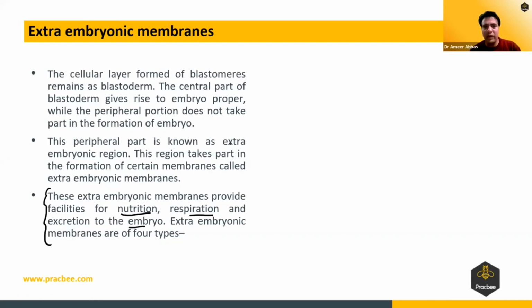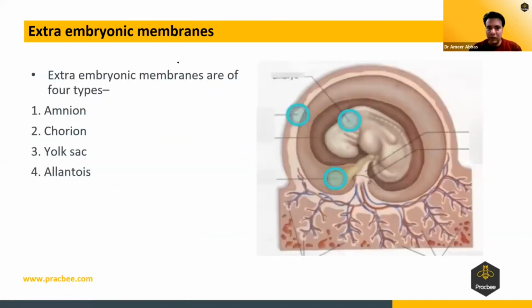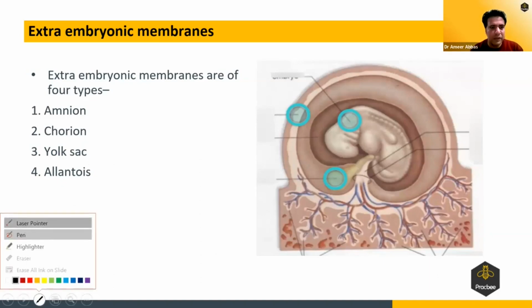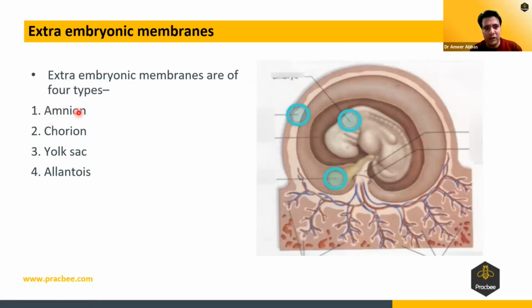This trophoblast will participate in the formation of extra embryonic membrane. So there are 4 kinds of extra embryonic membrane. Number 1 is amnion, number 2 chorion, number 3 yolk sac, and number 4 allantois.